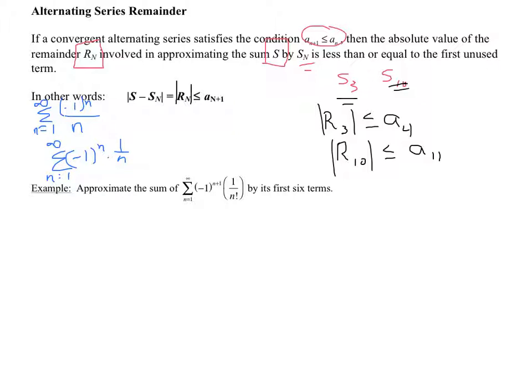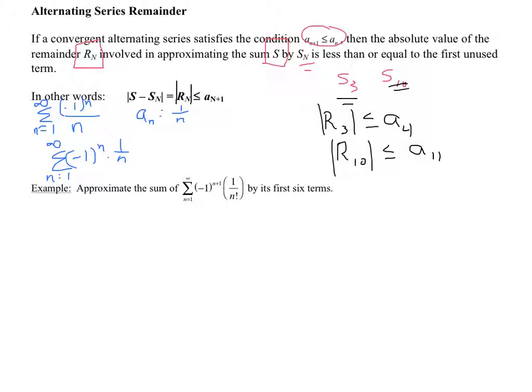Okay, a sub n in this case is 1 over n. And so what we're saying here is if I calculated the first 6 terms and added them up, then I could approximate the sum from that. And my remainder would be less than the 7th term.